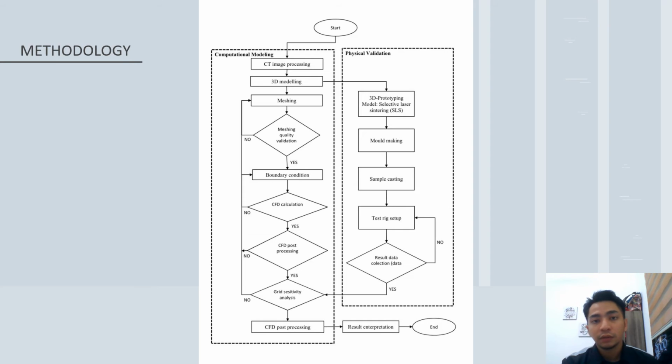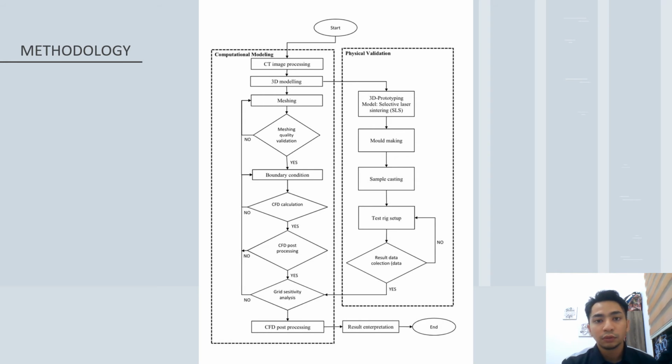Okay, methodology. Start with CT image processing. Then we go to 3D modeling. After that, there are two ways: we go through CFD or physical evaluation. If we go to physical evaluation, we need to make a 3D prototype model. Then we go to mold making, then sample casting, test rig setup, and get the result data calculation.